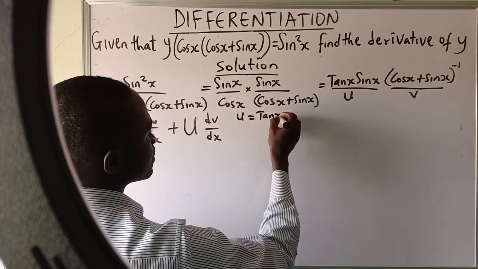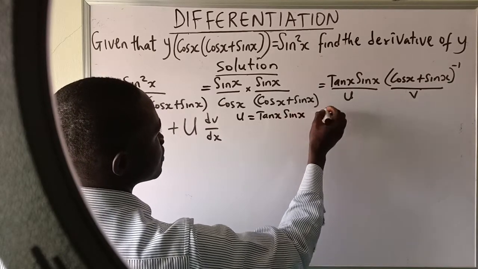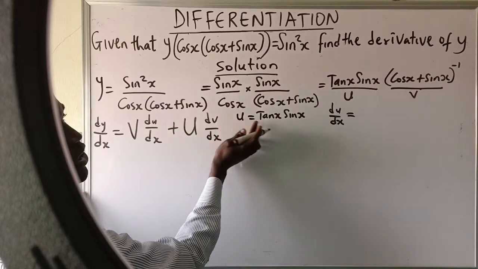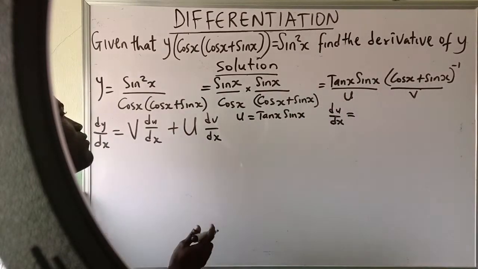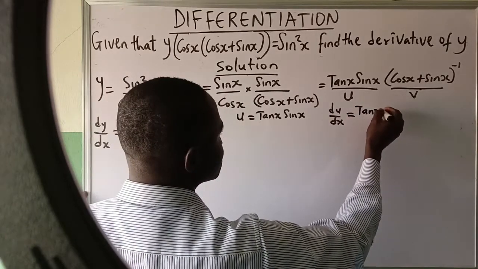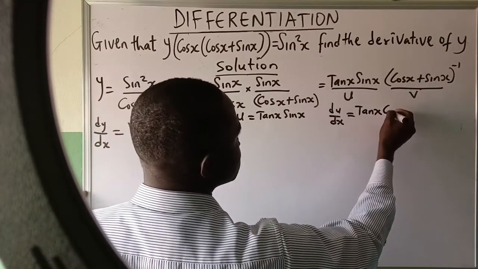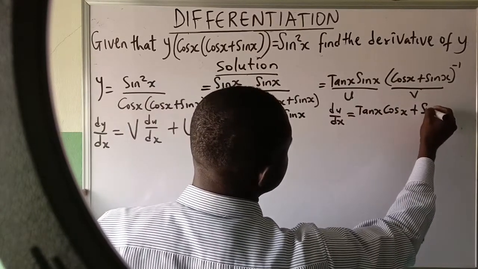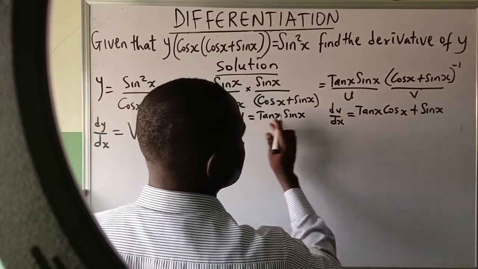tan x sine x, then du/dx will be equal to: differentiate this u. Pull down the first, tan x, differentiate sine x, cos x, plus pull down the second, sine x, differentiate the first.